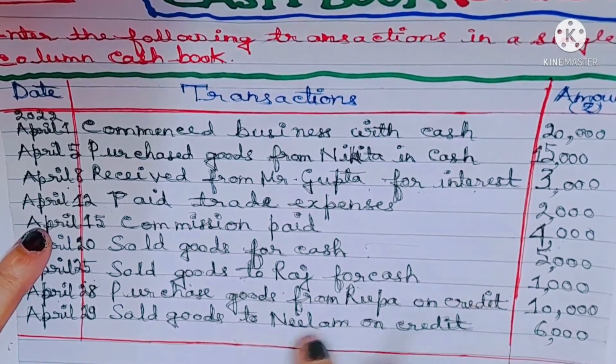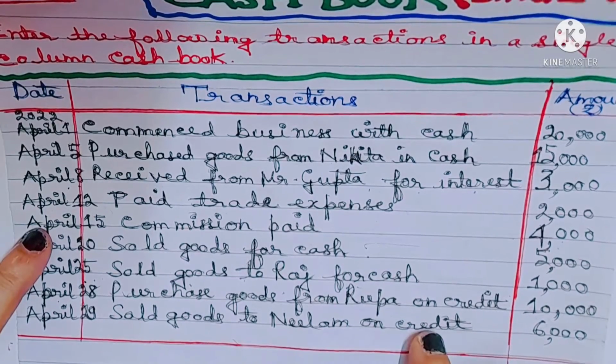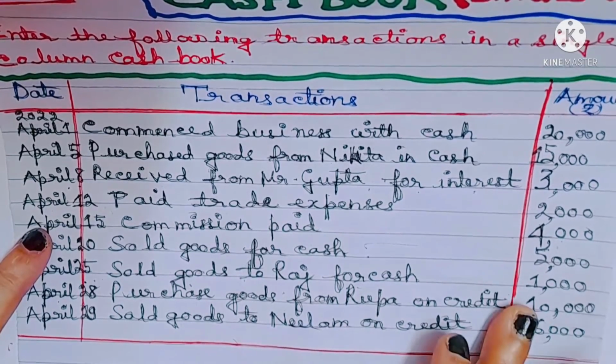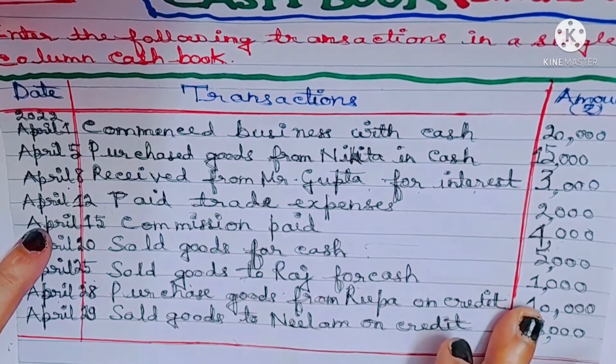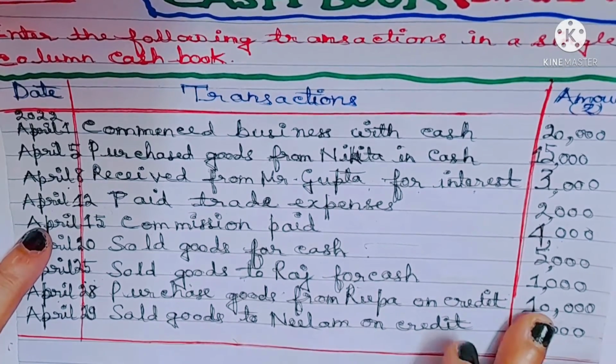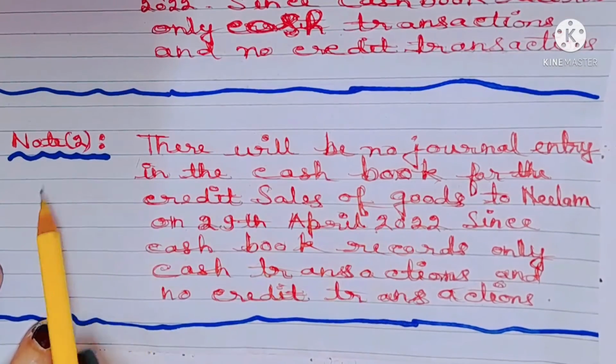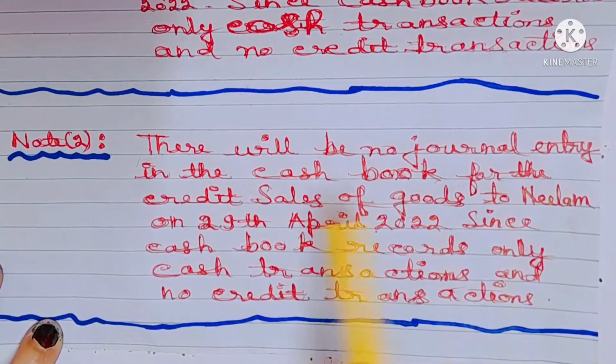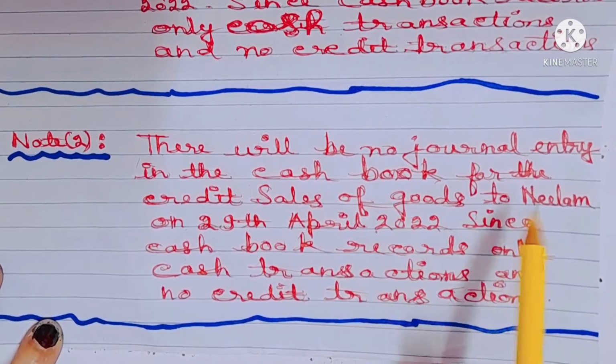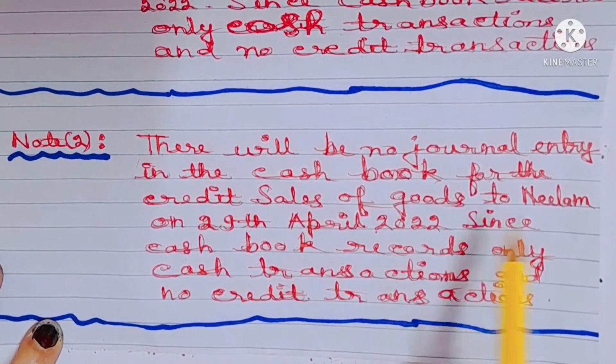So this transaction will not appear in the cash book. Instead, we'll have to write a short note below the cash book. Let me show you once again how to write. Note 2. There will be no journal entry in the cash book for the credit sales of goods to Neelam on 29th April 2022, since cash book records only cash transactions and no credit transactions.